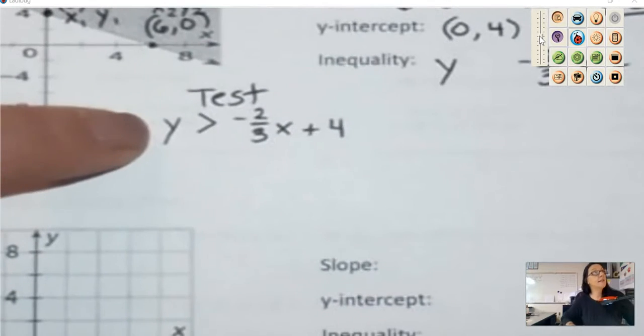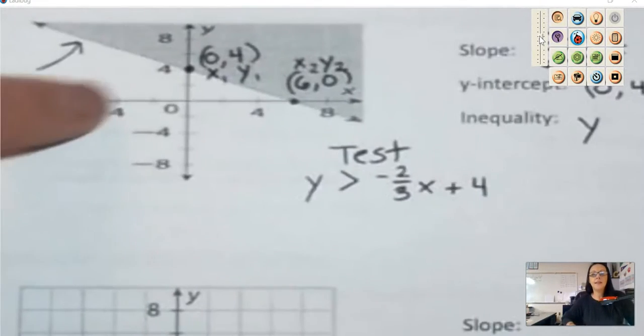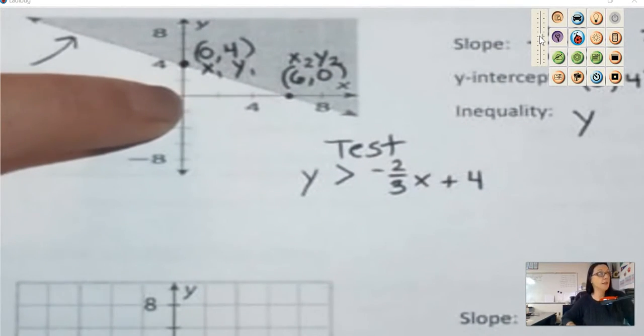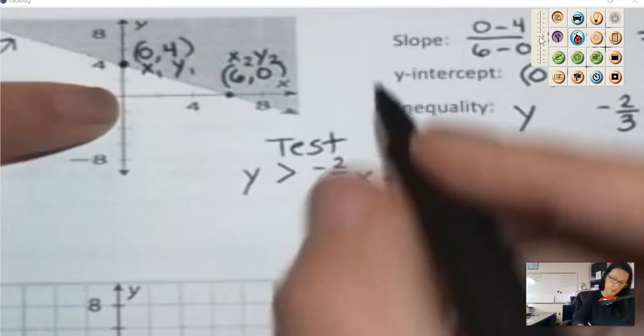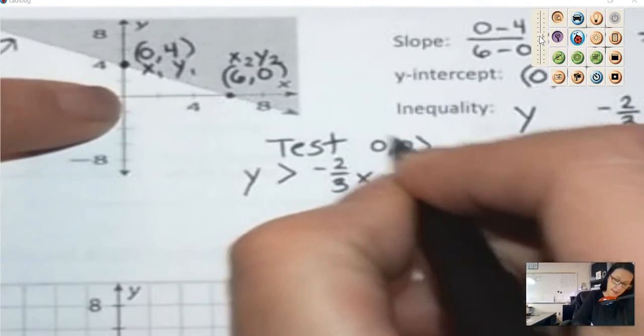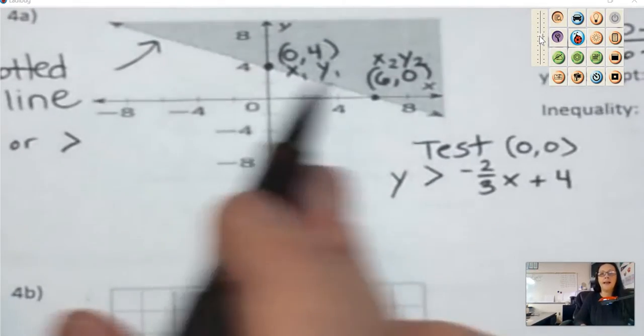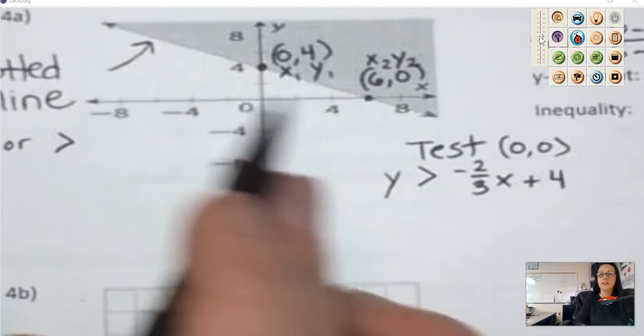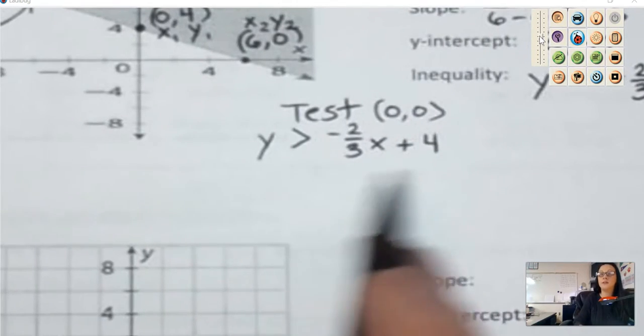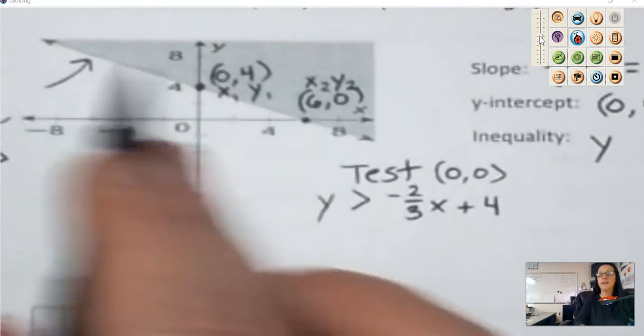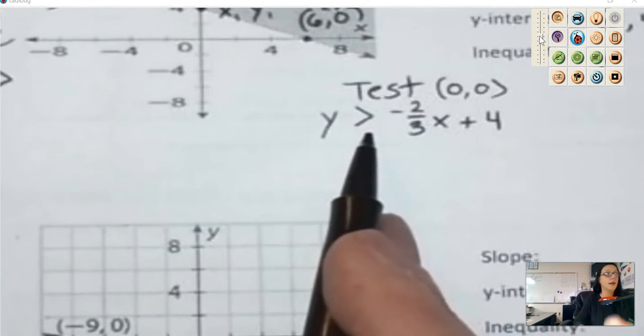So I'm going to test greater than. I still am going to test 0, 0 because that's really easy to plug in. When I test 0, 0, my answer should not work because 0, 0 is not shaded. So when I plug in 0, 0, I should get a false statement, and if I do, then yes, I know that my symbol is correct.